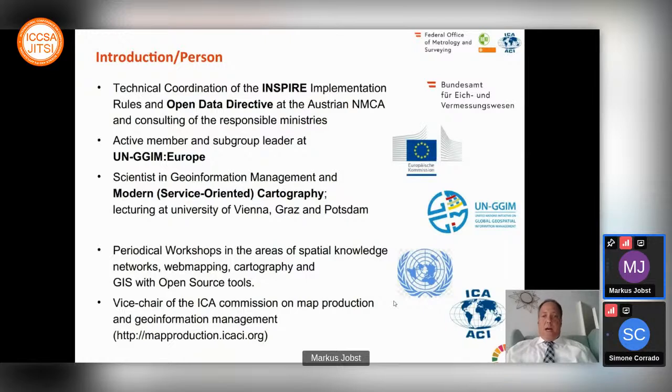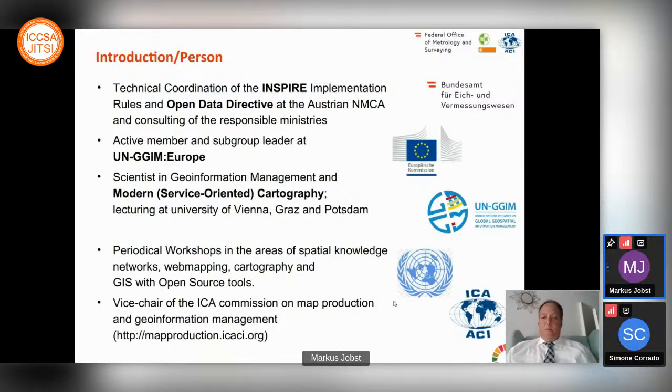So I'm involved in the INSPIRE implementation and the Open Data Directive implementation in a national mapping cadastral agency. And I'm also involved at the UN level, which means it's a quite high level view and not the direct programming view. And therefore I ask for a bit of understanding for this high level view.